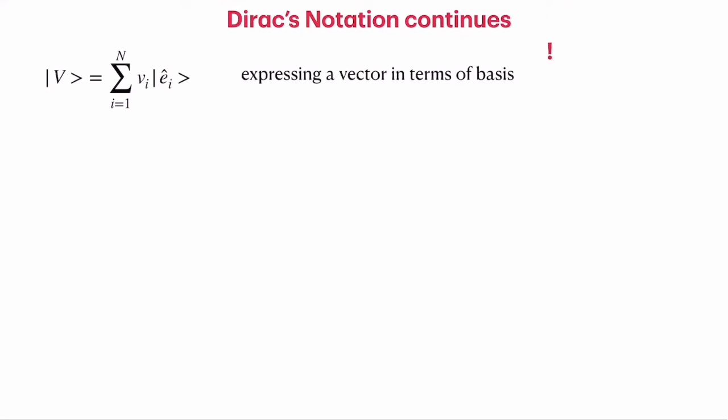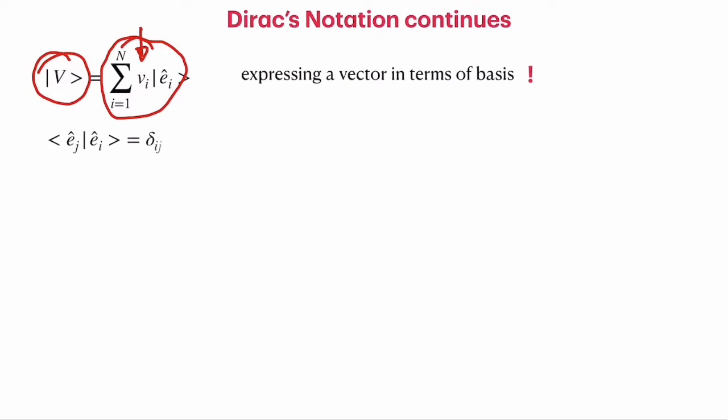Let's continue and express some of the things which we have already expressed in our older notation in terms of Dirac notation. A vector can be expressed in terms of basis elements. This is ket V, that is, a vector V is written in terms of the basis elements. So this is a vector basis, written as a ket, and these are the components of the vector.